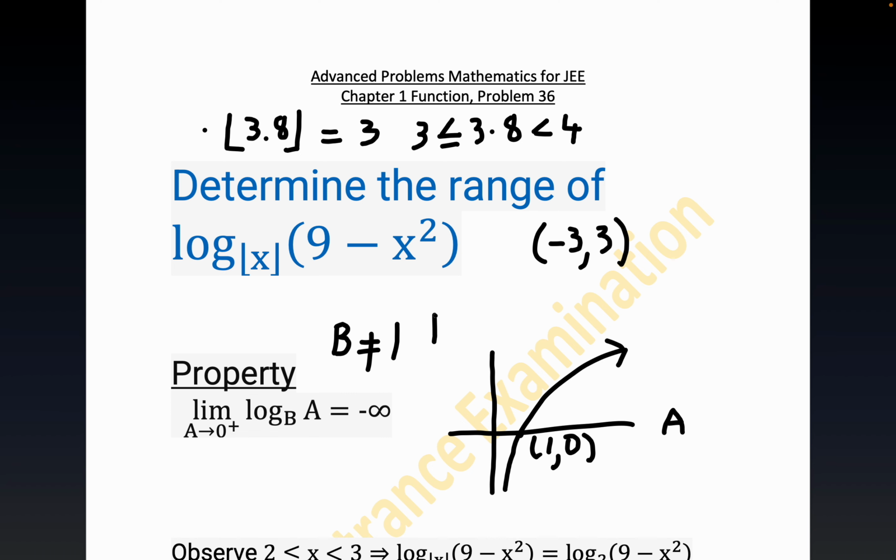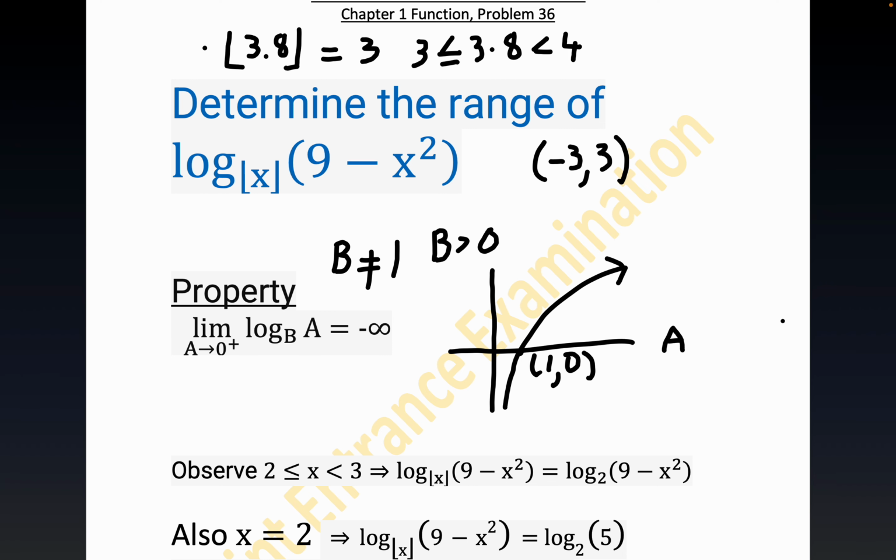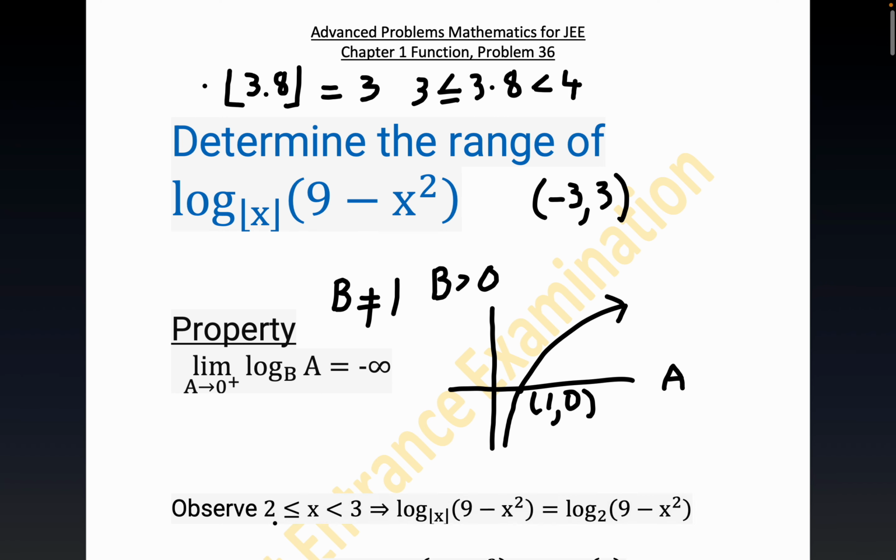Now that eliminates a lot of the ranges of values in this interval right here. So in fact, I've gotten it down to existing between 2 and 3. Notice that if it was between 1 and 2, the floor of the base would be 1. So we already have gone from minus 3 to 3 to 2 to 3.